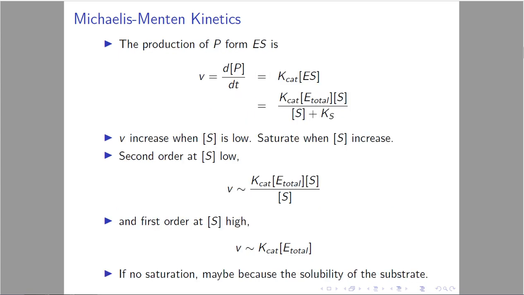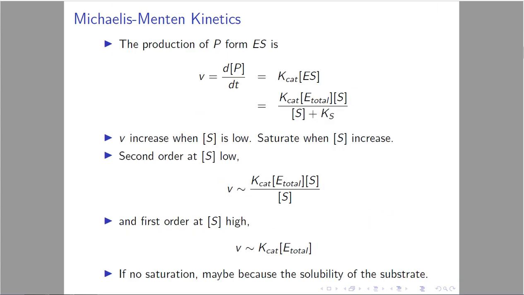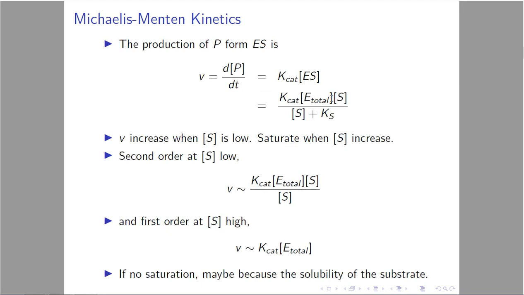The production of P, the rate of production V, is equal to Kcat ES. So V equals Kcat E total S over S plus Ks. It increases when S is low, and it will saturate when S is increased.